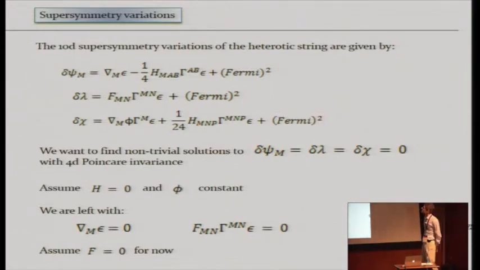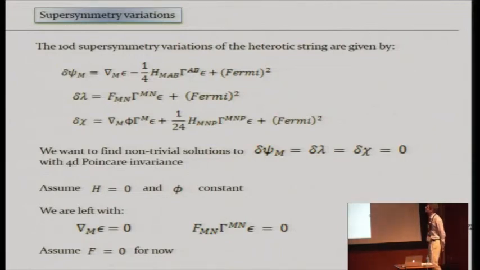On the other hand, the variations for the fermions are proportional to some boson times epsilon. And the bosonic fields may have some non-trivial profile along the internal space. Nevertheless, as long as delta psi vanishes, you will still preserve a supersymmetry transformation.